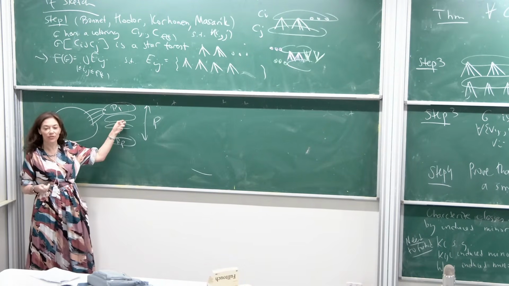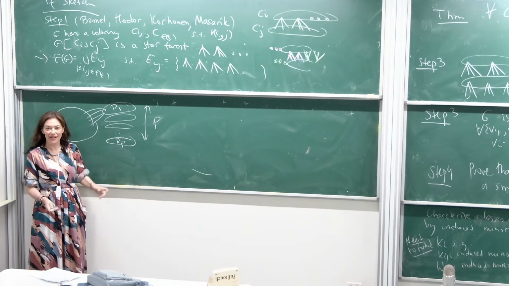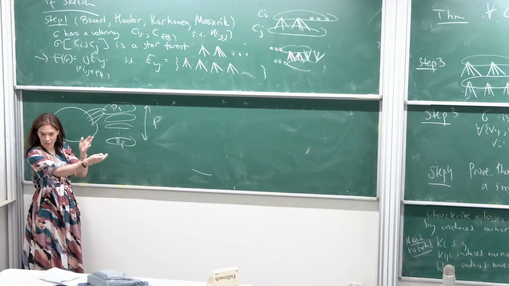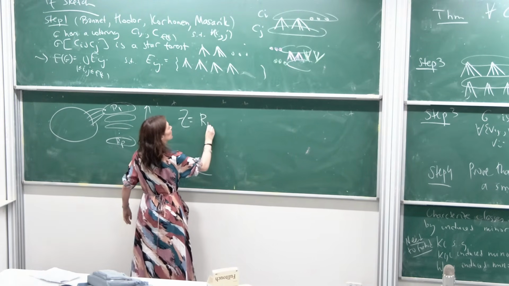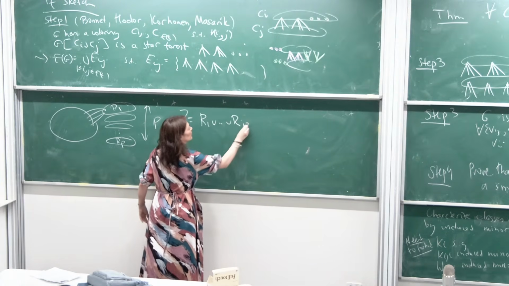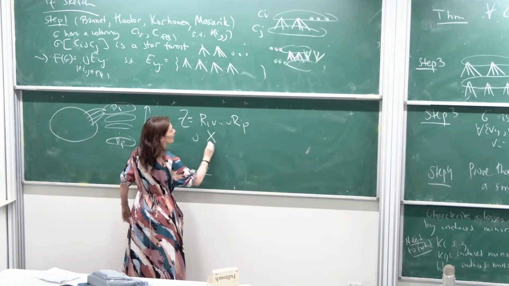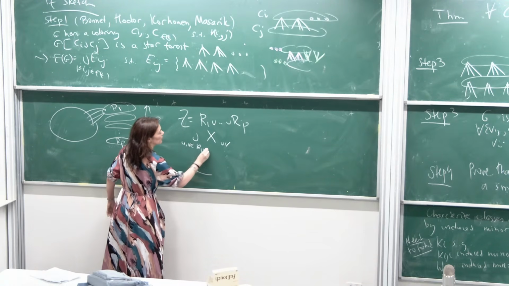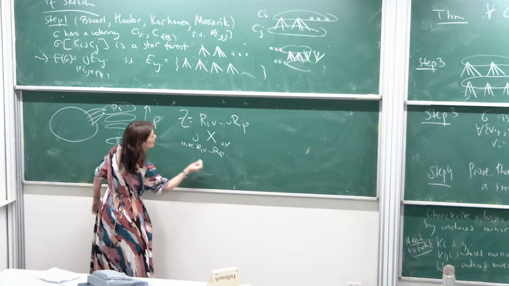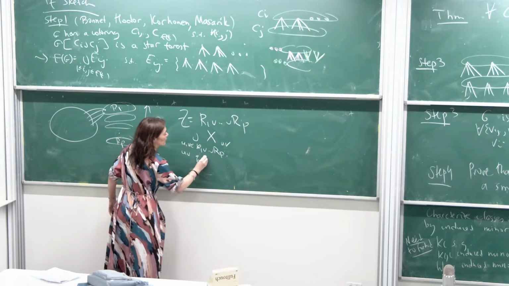Now for every Q slim pair here, let me add a separator for that pair, which I know I can do. So that is R1 through RP together with the separators X_UV.